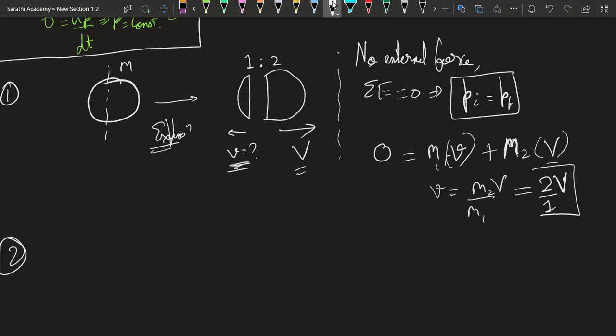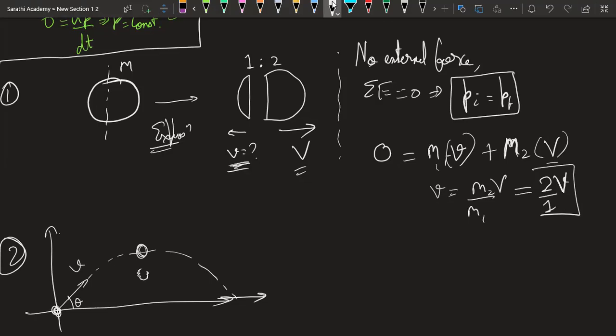Another type is, suppose you are projecting a bomb with velocity v at an angle of theta. So the bomb will be going like this, right? And at the highest point of this trajectory, the bomb explodes into two parts, which is also in the ratio of 1:2.